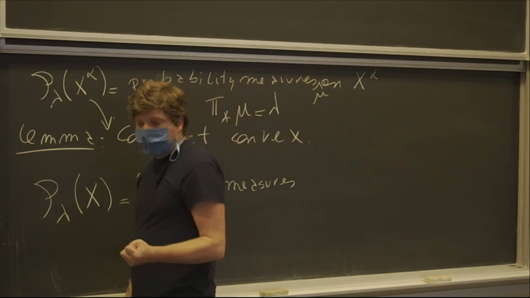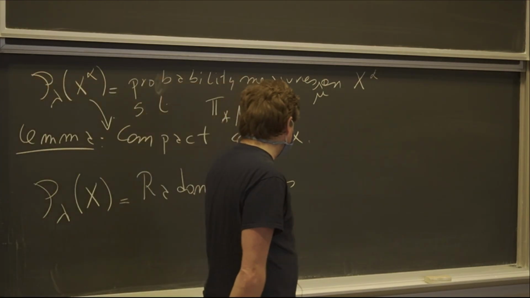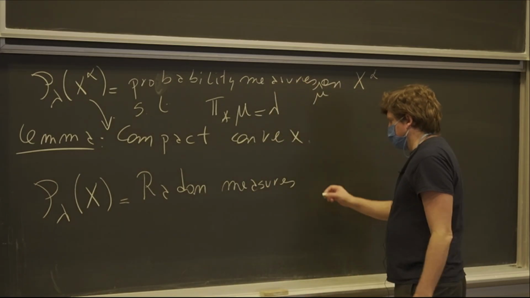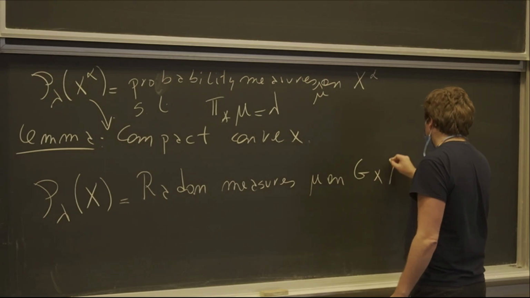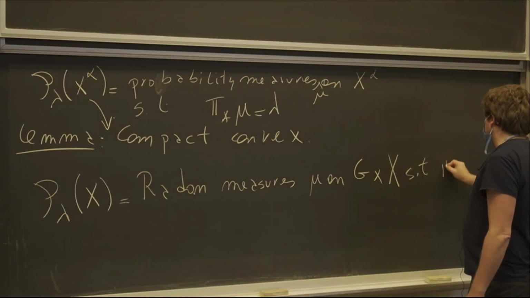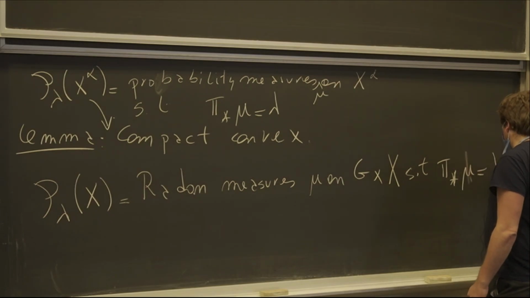So a Radon measure is a measure which is finite on compact sets. Mu on G times X such that pi star mu equals lambda.